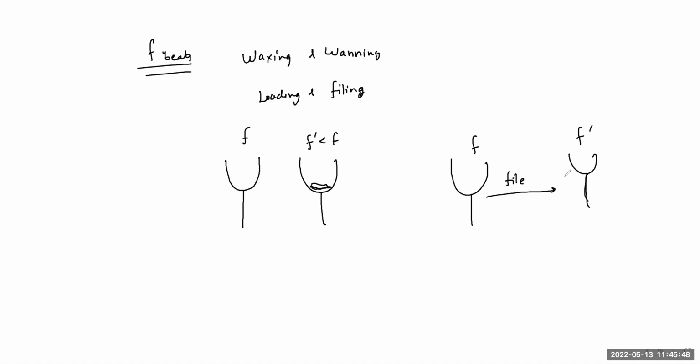Filing means you remove part of it, so you're making it lighter, so it will vibrate very fast. So what you need to remember is that loading or waxing decreases the frequency of oscillation of a tuning fork, and waning or filing increases the frequency of the tuning fork. Just remember these two facts.